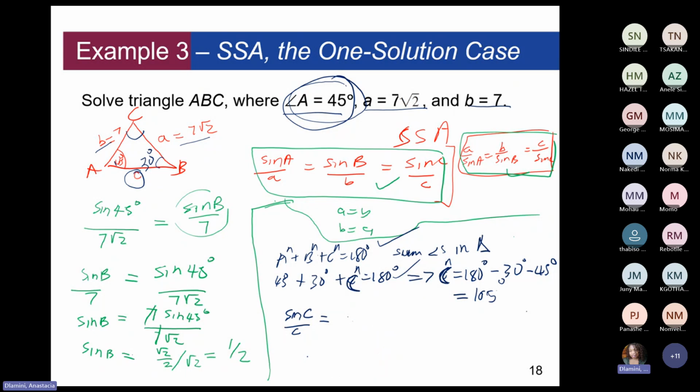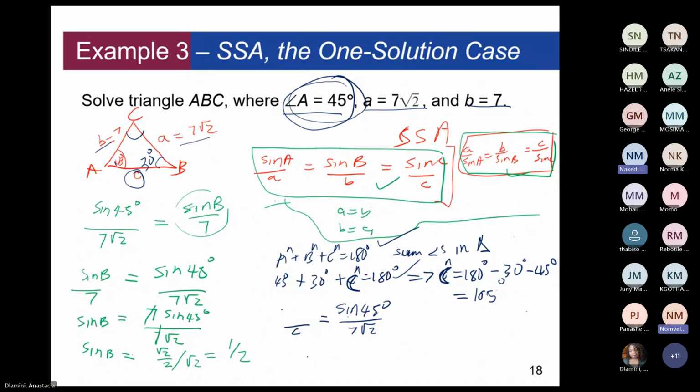Okay, so sine C over c is equal to what, guys? Sine 45 over 7 root 2. Sine 45 degrees over 7 root 2. I know C is what? 105, isn't it?